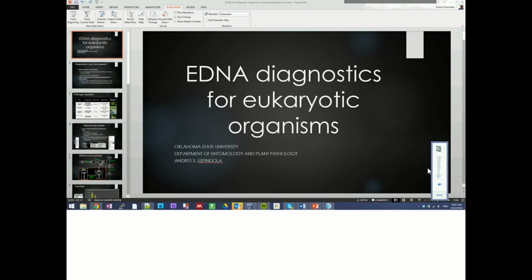I'm not concerned about the case of fungi because usually you can retrieve a lot of DNA out of there, but viruses are a concern. I don't know if that answers your question.